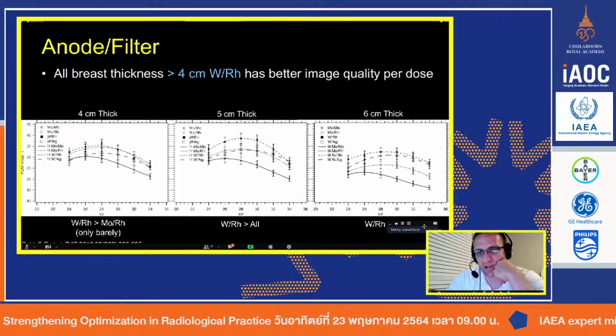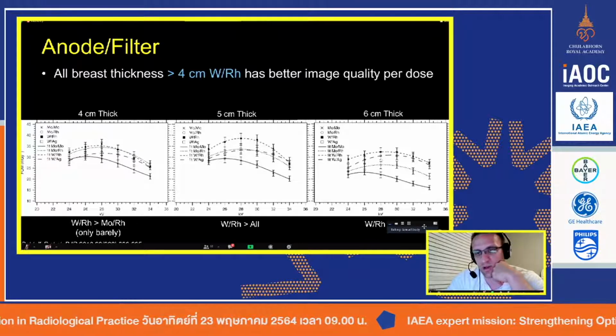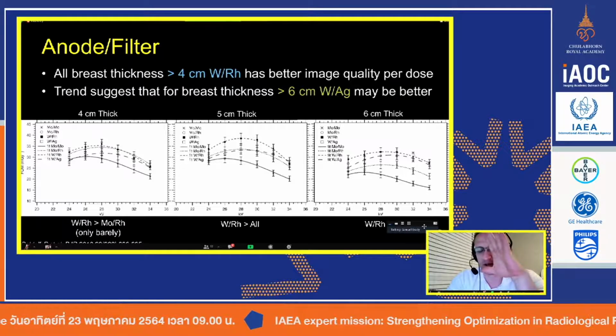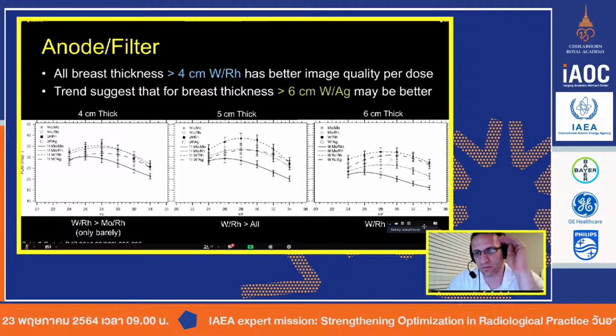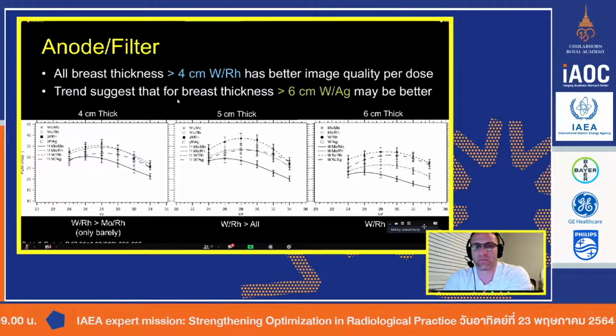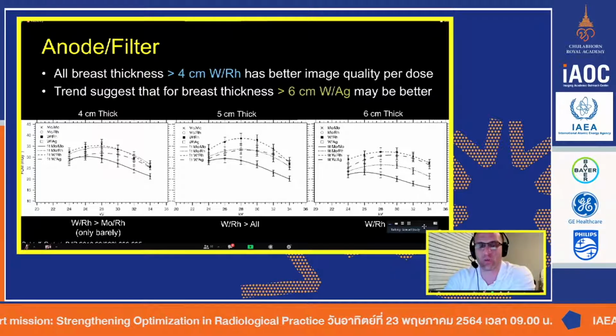At 6 centimeters out here, it's the same thing with tungsten rhodium and tungsten silver. So the point here is tungsten rhodium by far gives you good image quality as a function of dose.